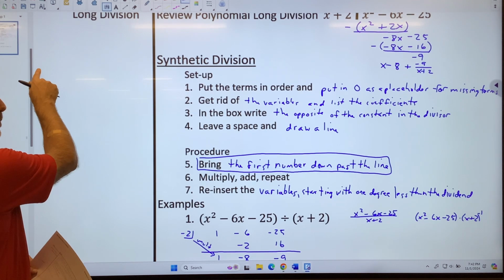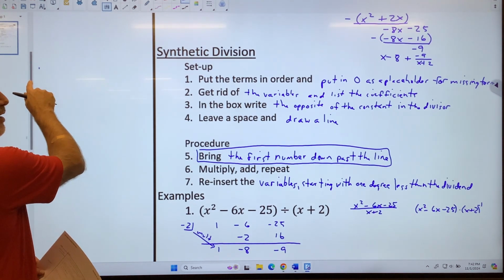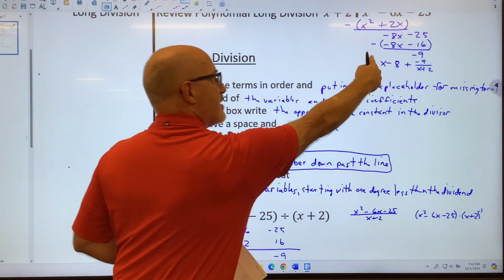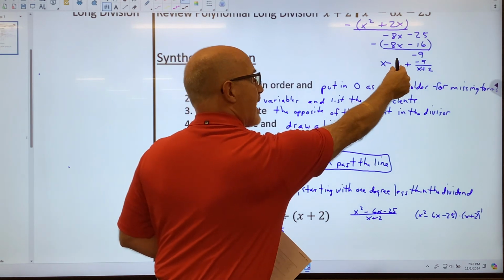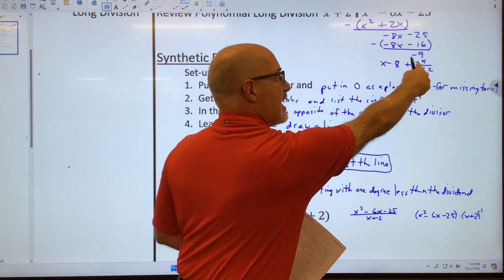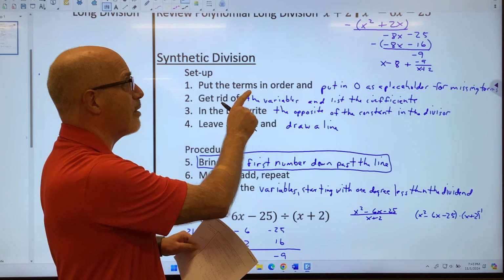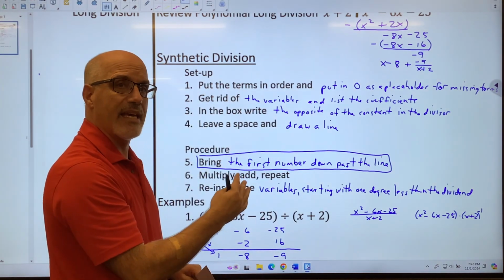Notice that that 1 is the coefficient in front of the x. The negative 8 comes next, and the remainder is negative 9. So you get the same numbers as we did with that, the same problem, but now we just have to put the variables back in.